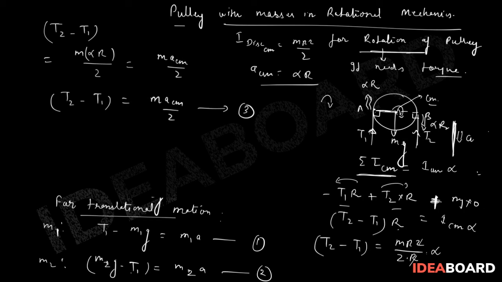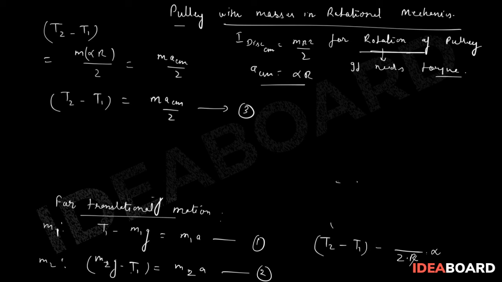Now the task is simply left to be the solution of these 3 equations. We have 3 equations and 3 variables, so we can just try to solve this. What should I do now? I can add all 3 equations.